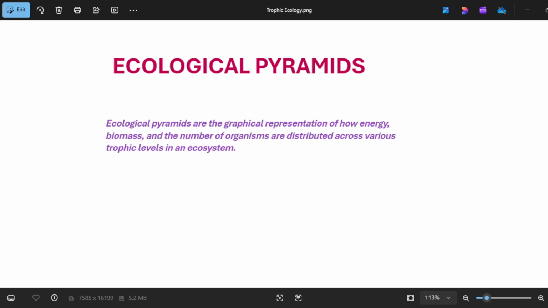It will show us how the energy is distributed, how the biomass of the different organisms in different trophic levels is distributed, and how their numbers are distributed across various trophic levels in an ecosystem. So we saw the trophic levels 1, 2, 3, 4, 5, but how these things called energy, biomass, and numbers are distributed among those categories of organisms, that's what we are going to see.